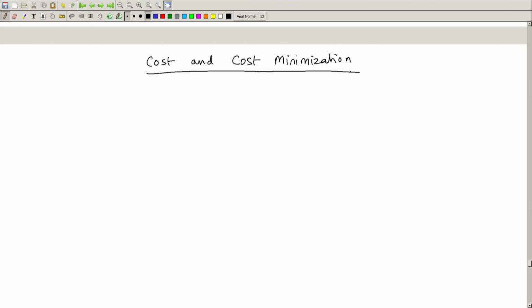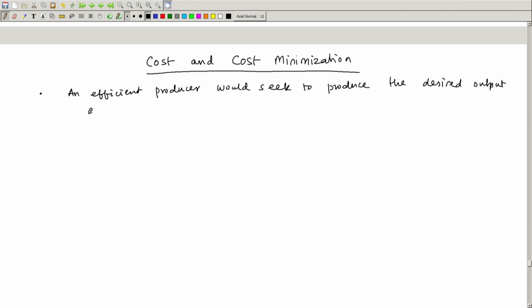Now, what is it? Recall the objective that we had listed last class. The objective is that an efficient producer or a firm would seek to produce some level of output at the lowest possible cost.